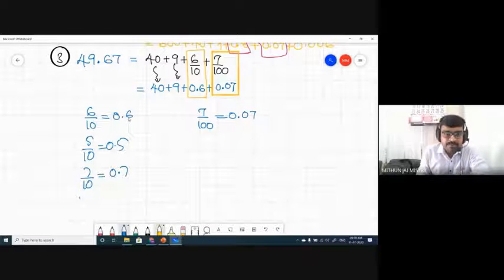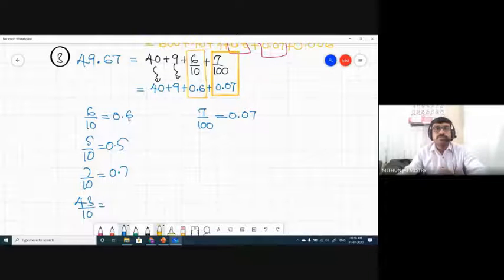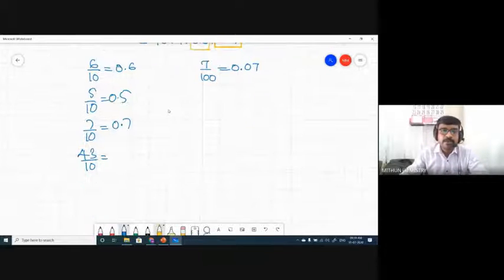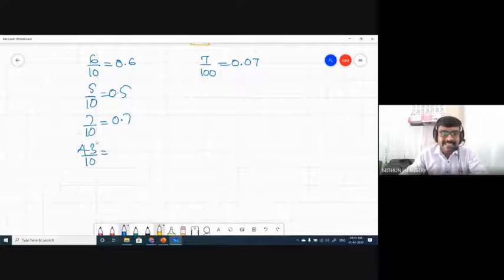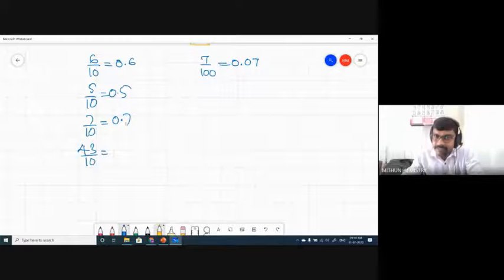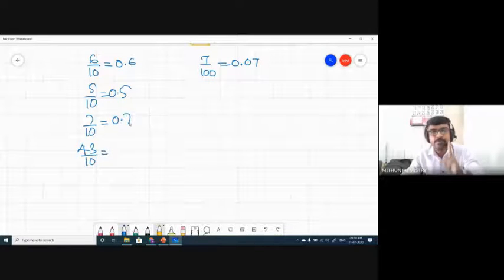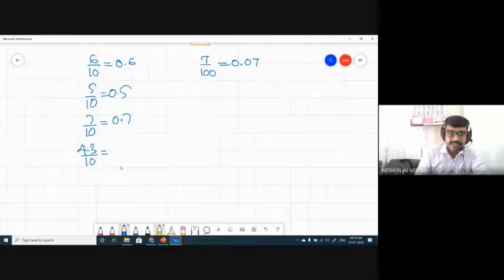But what if it is not just a single digit? If it is some 43 by 10, then what should we do? Have a look. This 10 has one 0. So this 10 is telling that in decimal form, after the point, we should have only 1 decimal place. That means you can write this 43 as it is, and then think about the decimal.